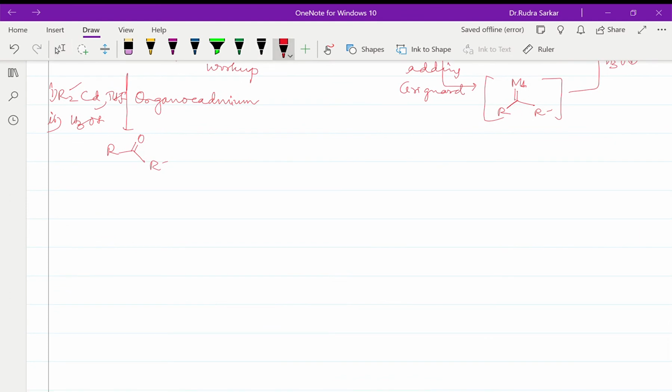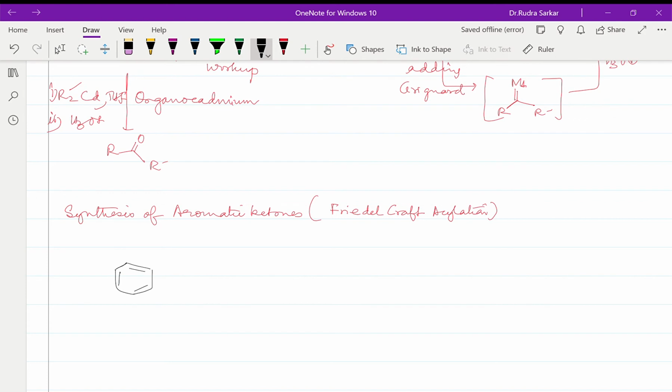In the next part we are going to discuss the synthesis of aromatic ketones, and here we are involving the name reaction Friedel-Crafts acylation. So in the Friedel-Crafts acylation, the reaction of an aromatic compound with an acid chloride takes place. Let the aromatic compound be benzene and let the acid chloride be RCOCl.